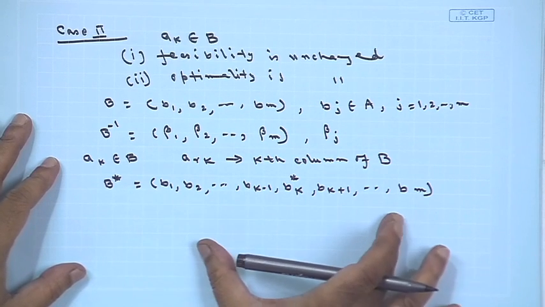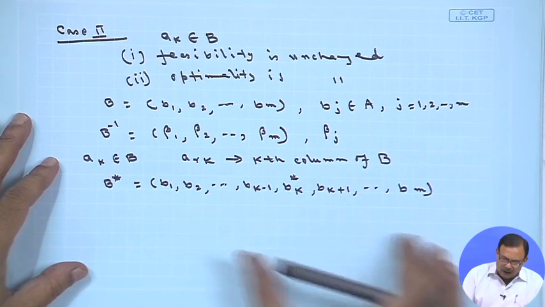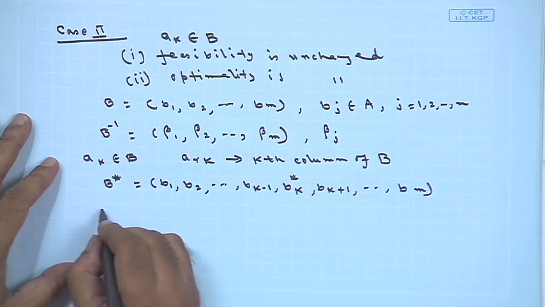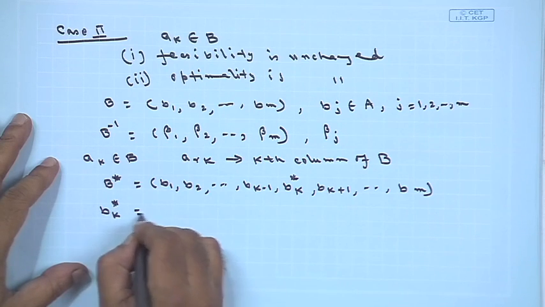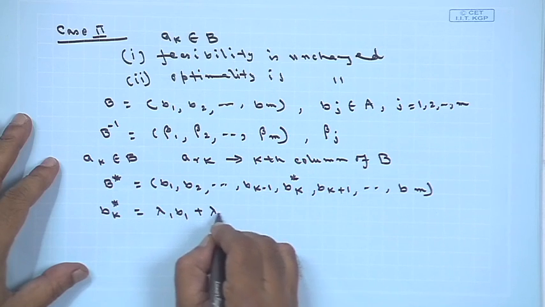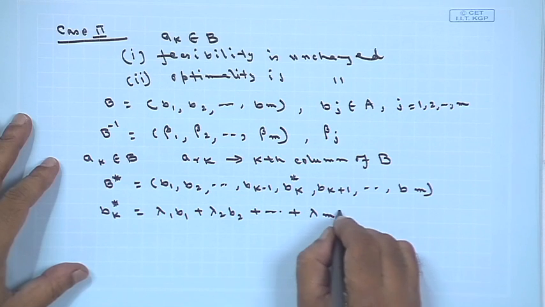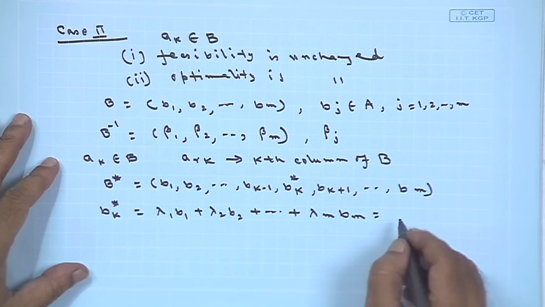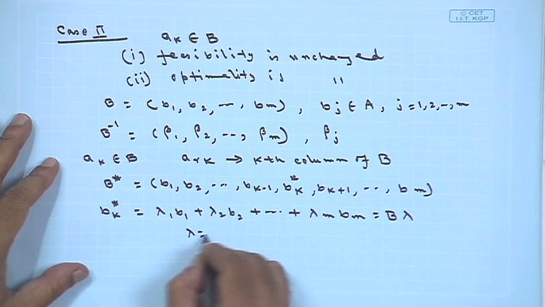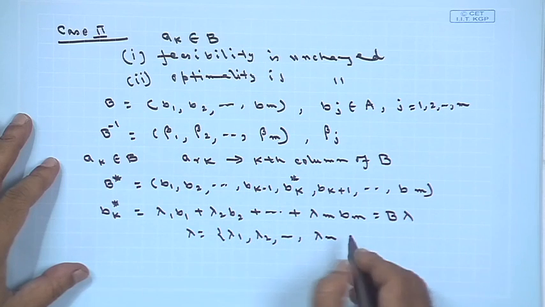So, this vector B k star can be written as a linear combination of the basic vectors of B, that is lambda 1 B 1 plus lambda 2 B 2 plus lambda m B m, which is nothing but B into lambda, where lambda is lambda 1, lambda 2, and like this way lambda m.